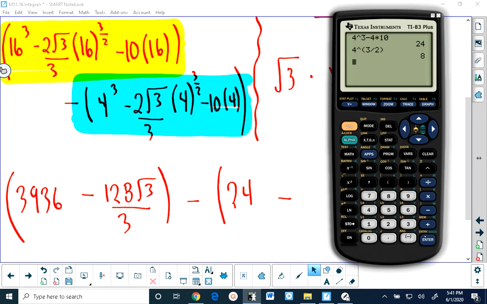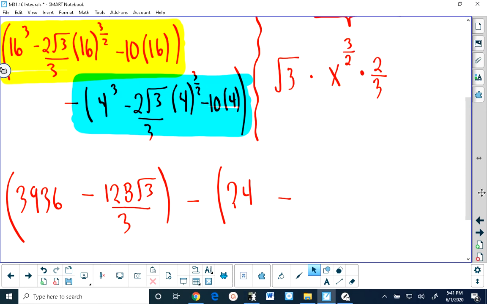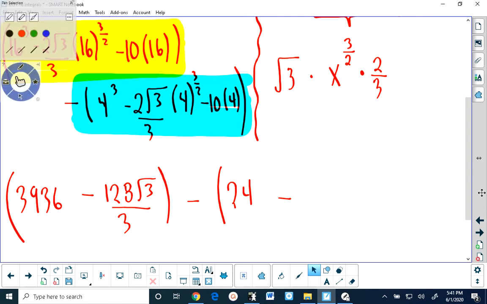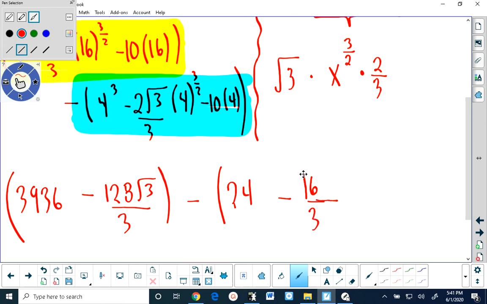Well, the square root of 4 is 2. Cube it to get 8. Now I have to multiply that by 2 and divide by 3 as a fraction. It is 16 thirds. So I also have in here minus 16 thirds, and there's a root 3. So 16 root 3 over 3.